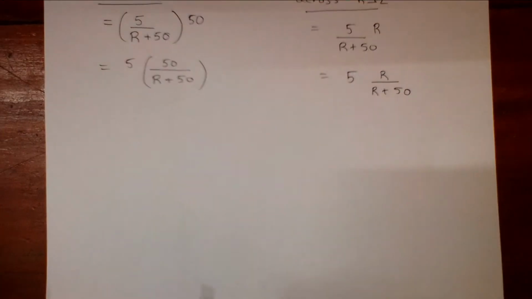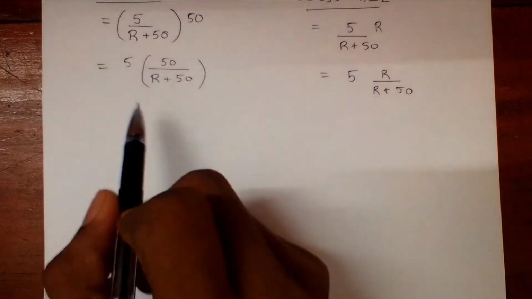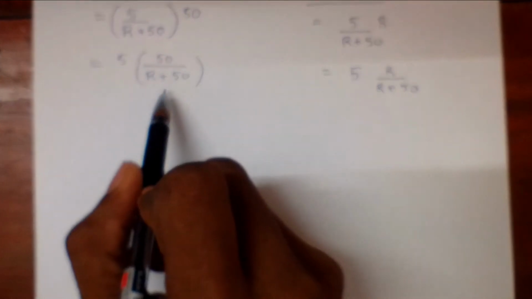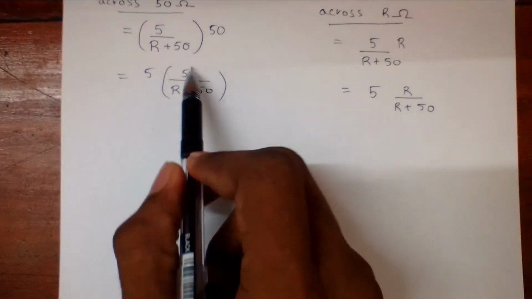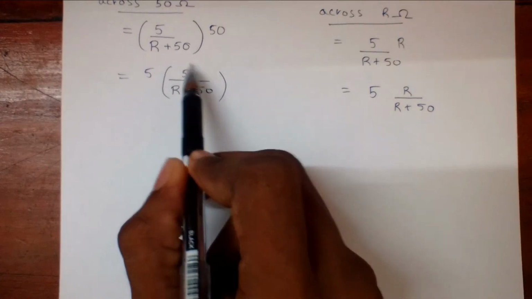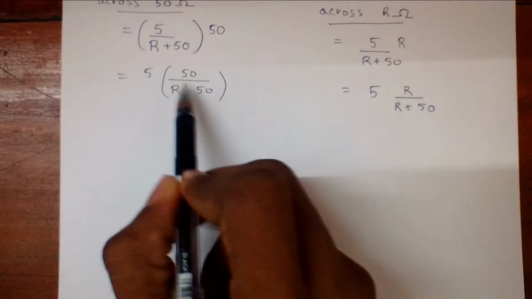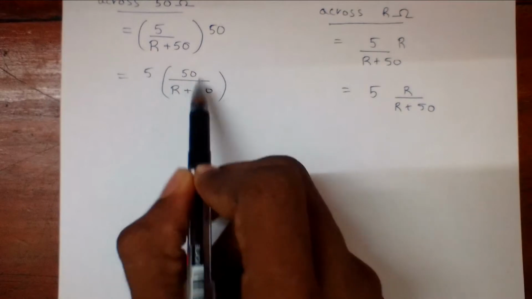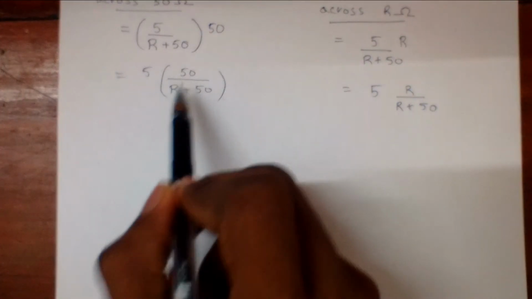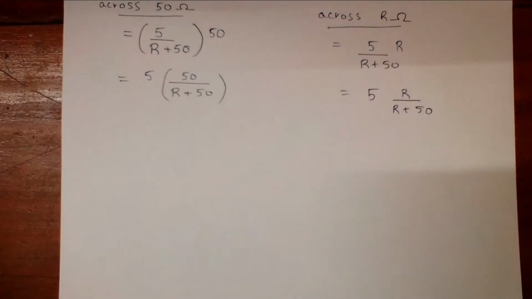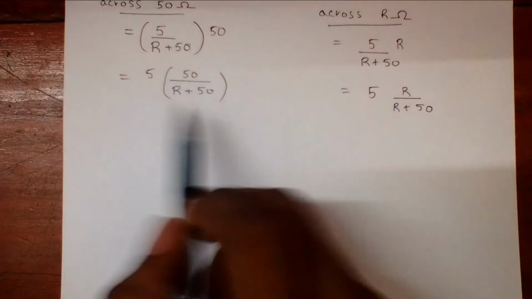Another very important thing which I want you to notice is that the potential difference is proportional to the resistance. That means across 50 ohm it is 50 by R plus 50, where R plus 50 is the total resistance. In proportion to the resistance we have the potential difference.